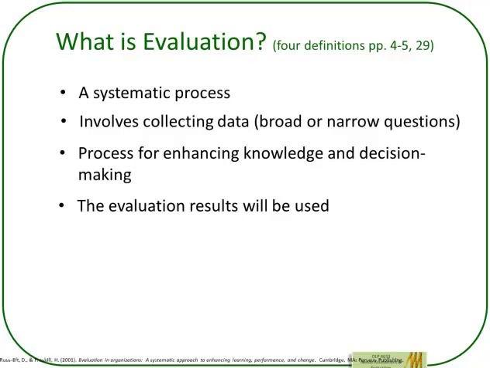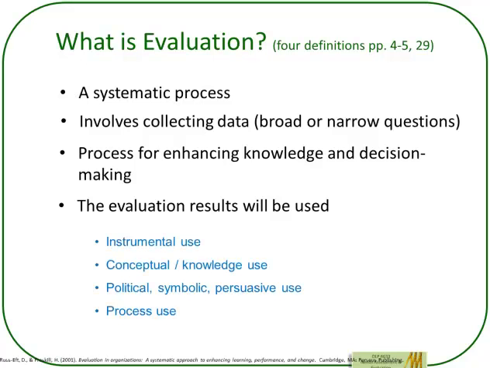Now in your book, they talk about 4 different ways that evaluation information can be used. The first is what the authors refer to as instrumental use. Instrumental use basically means you're using it to make decisions. The second one, conceptual or knowledge use, is used really to clarify perceptions or understanding of whatever the thing is that you are evaluating, the thing or the person or the process.